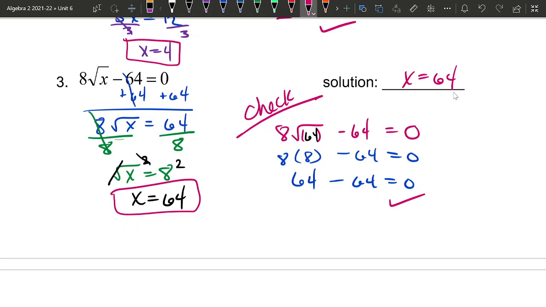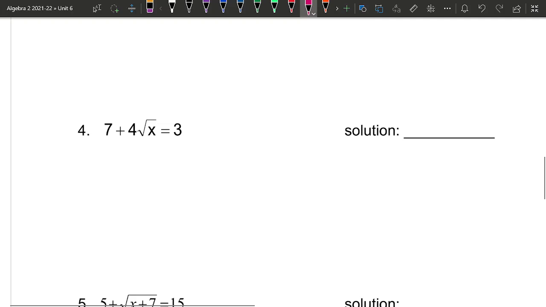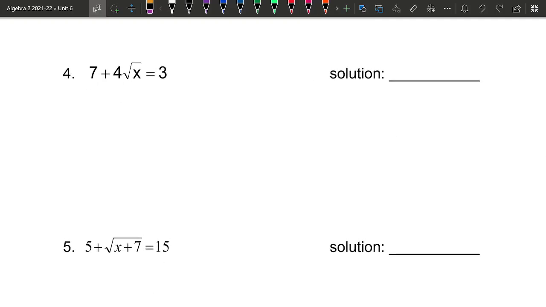Alright, and then on number 4, this is where we have a little bit different. Still have to go through all of the steps to get the radical by itself on one side. Start with subtracting 7.